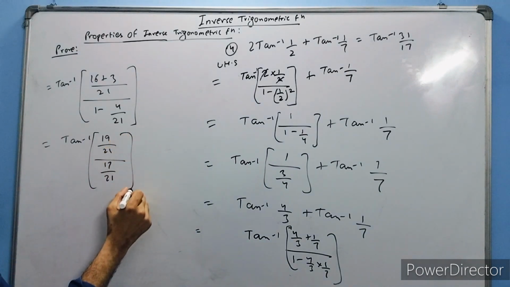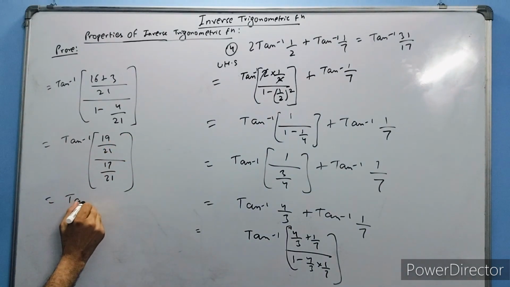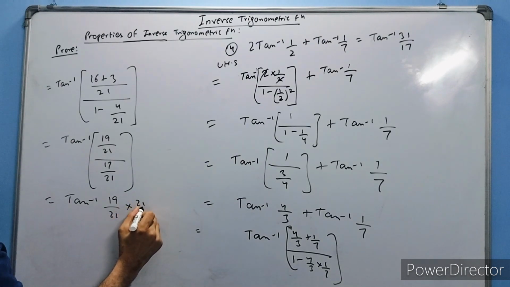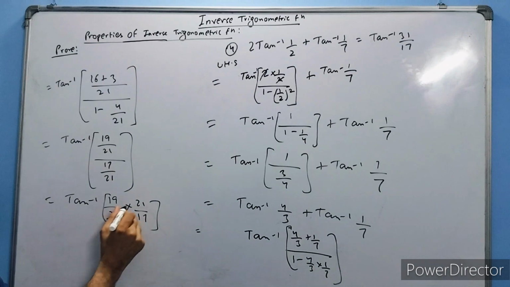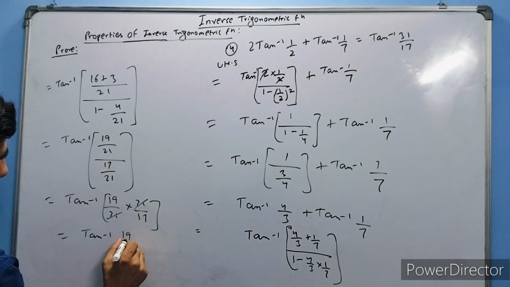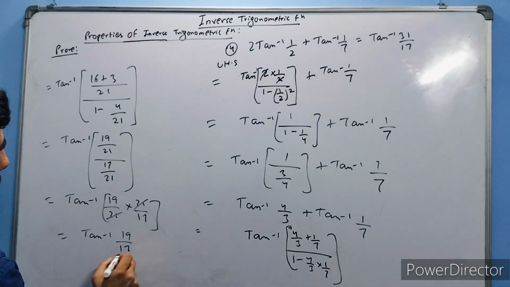So I got tan inverse 19 upon 21 into 21 upon 17, which is tan inverse 19 upon 17.